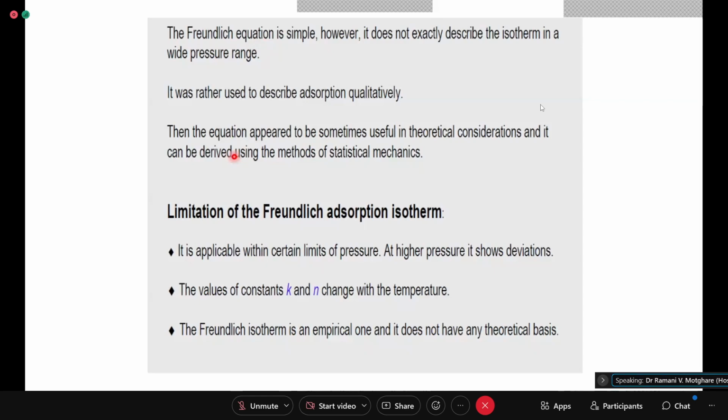Yes, ma'am? Yes, you are audible. X upon M is not the highest. It means it can be adsorbed by an adsorbent. It is 0 to the highest value. You have told ma'am, last slide.